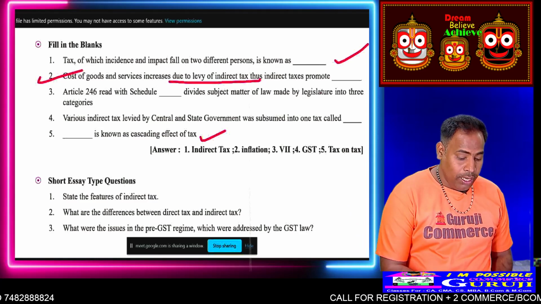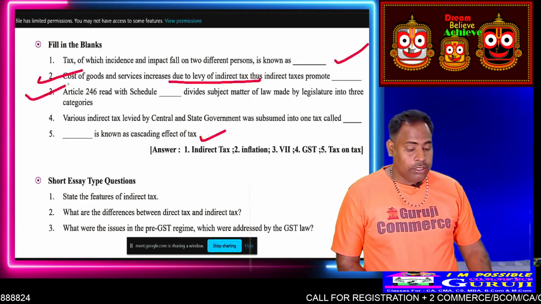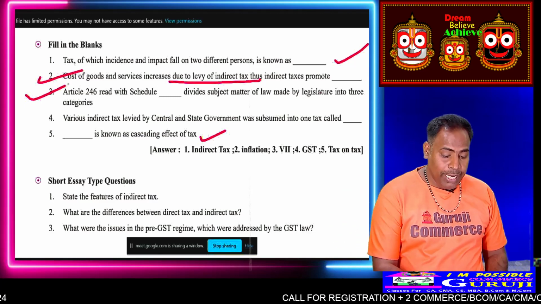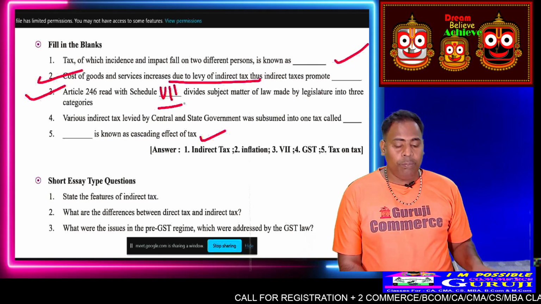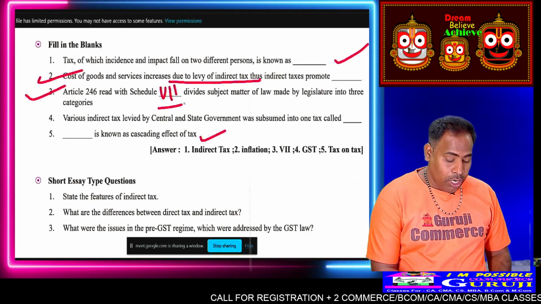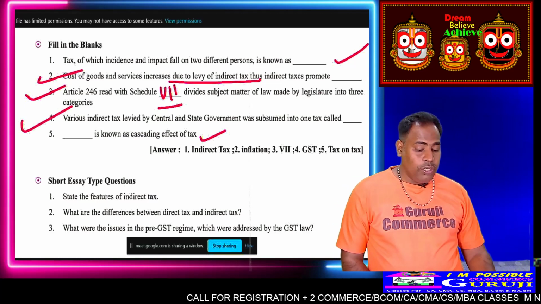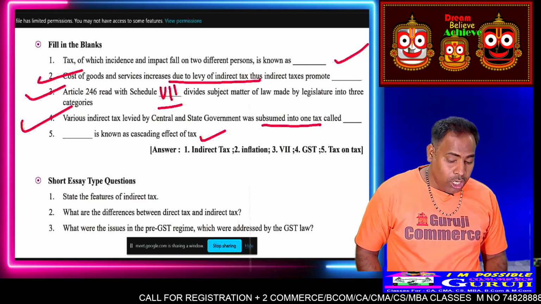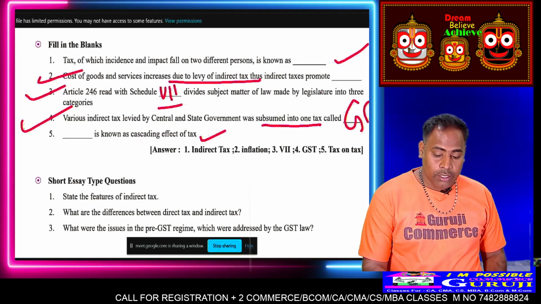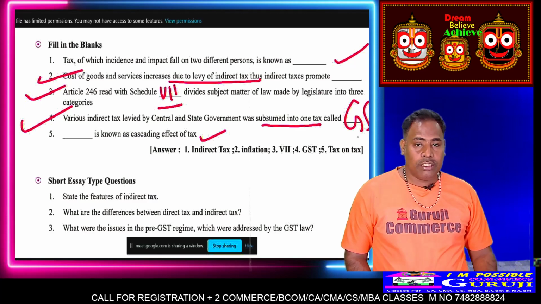Article 246 read with Schedule VII, Lists 1, 2, 3. Then various indirect taxes levied by the central and state government were submitted into one tax called GST, one nation one tax.